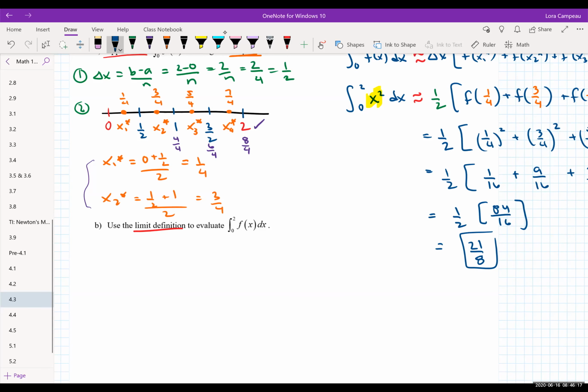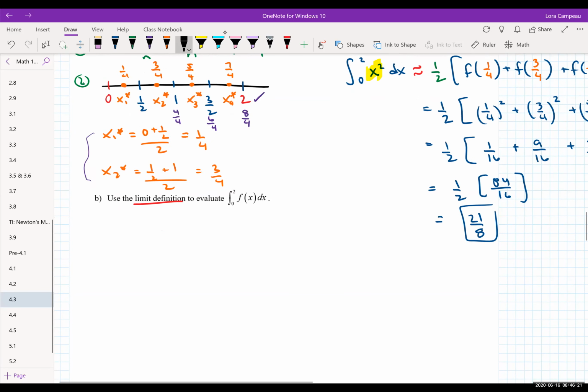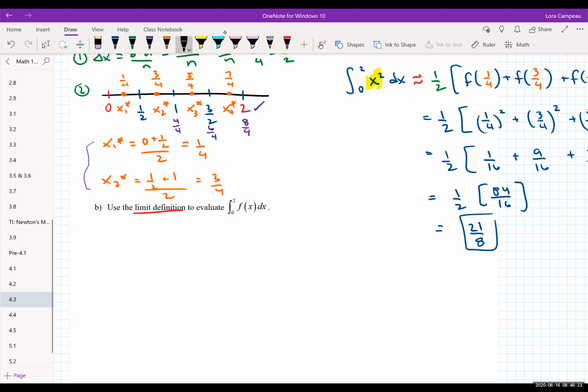Limit definition, I'll write it out. So the integral should equal the limit as n approaches infinity of the summation i equals 1 to n of f of x sub i times delta x.